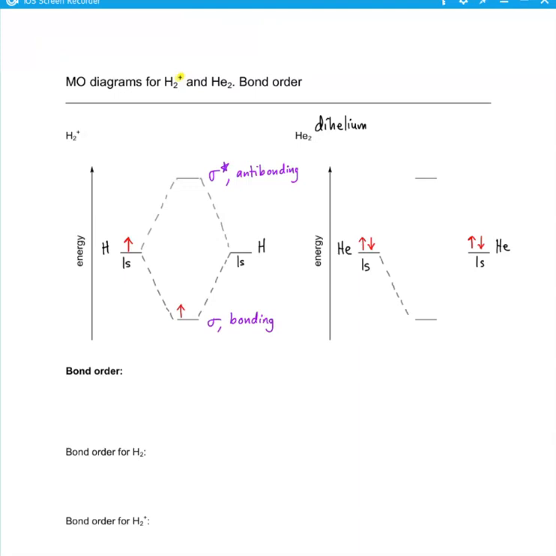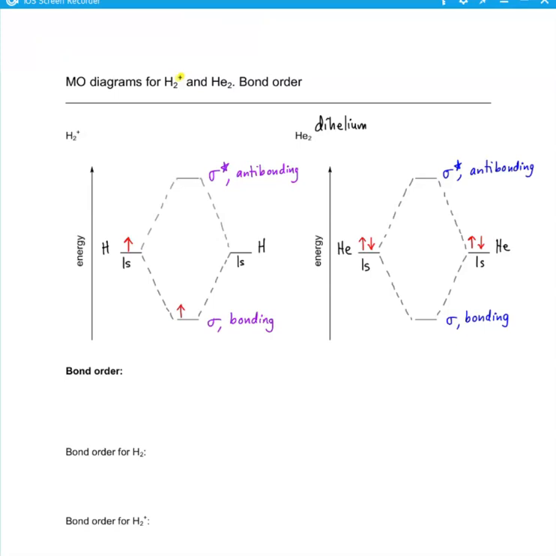We're making an in-phase combination and an out-of-phase combination. And what that's going to do is generate a sigma orbital, which is bonding. So we would call that a bonding molecular orbital, and a sigma star, which is an antibonding molecular orbital.